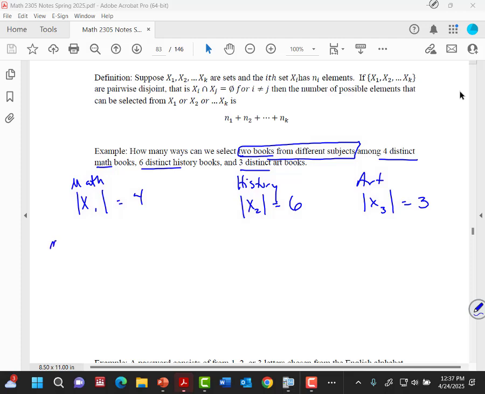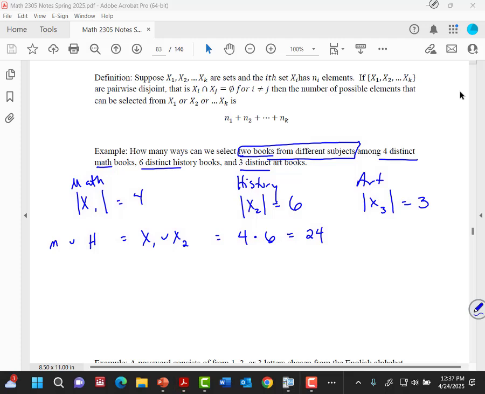So I could get math or history, and that is simply x1 union x2. Well, there are 4 ways that I could select a math book times 6 ways that I could select a history book, so 24 maths or histories.